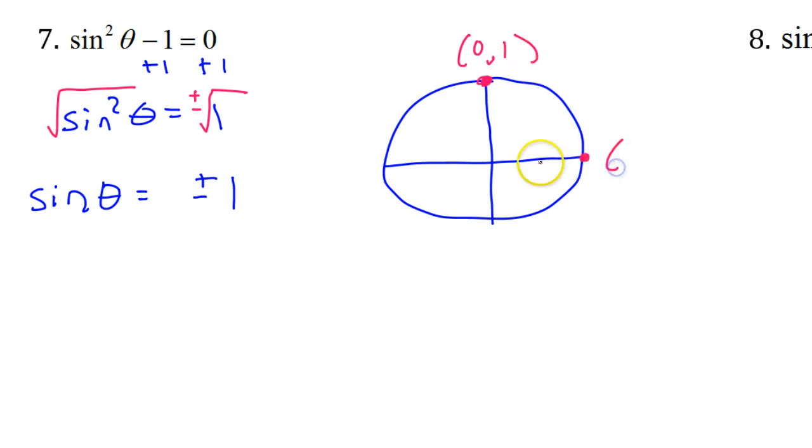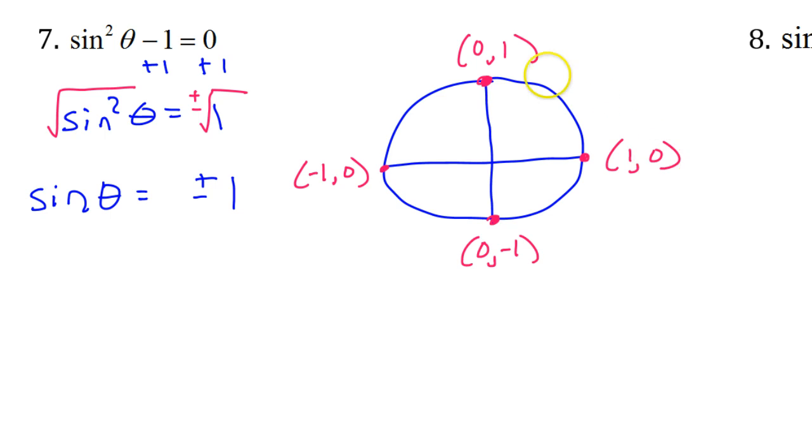And this point is the point 1, 0. This is the point negative 1, 0. And this is the point 0, negative 1. Now focus on the y values. We want the angle or angles that will give us a sine of positive or negative 1. That means a y value of positive or negative 1.